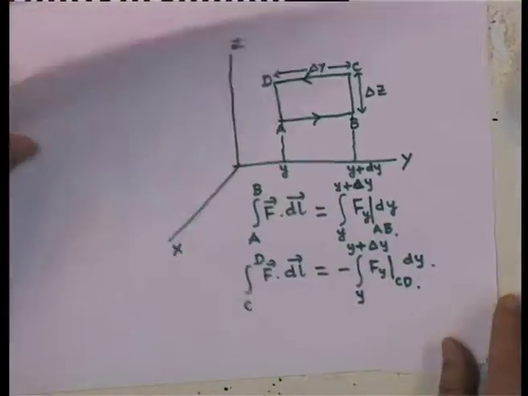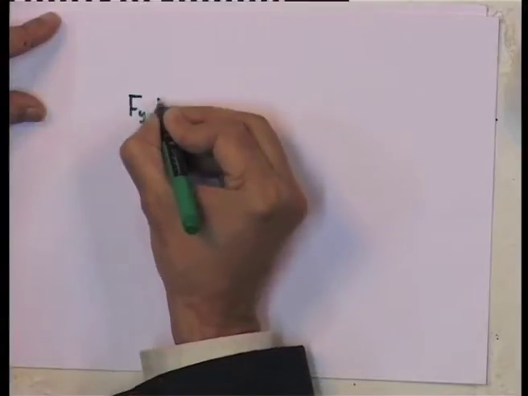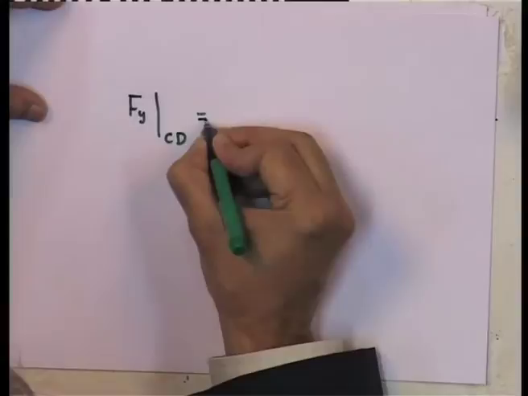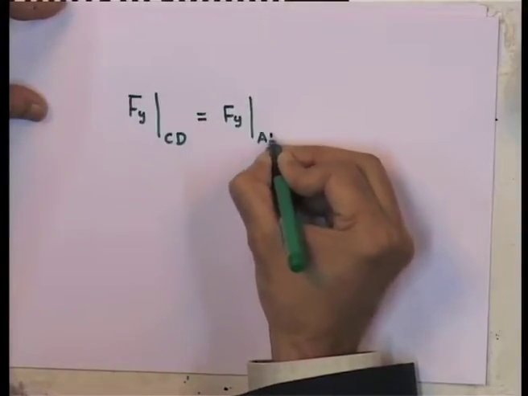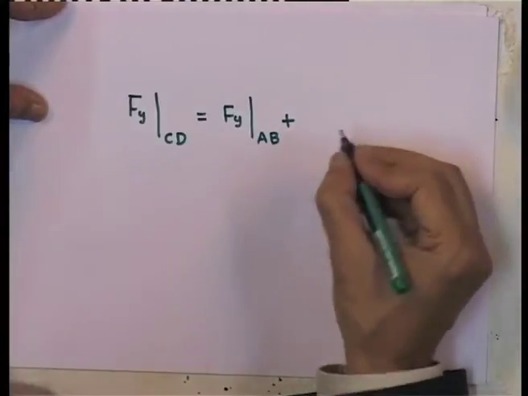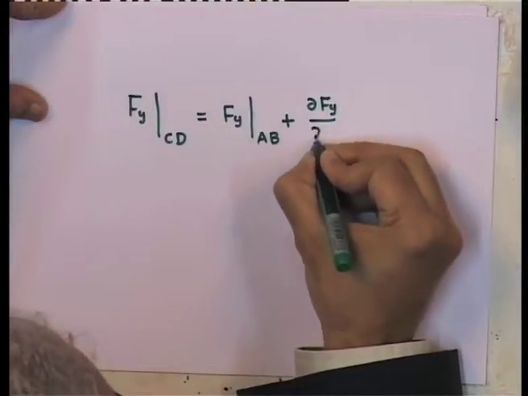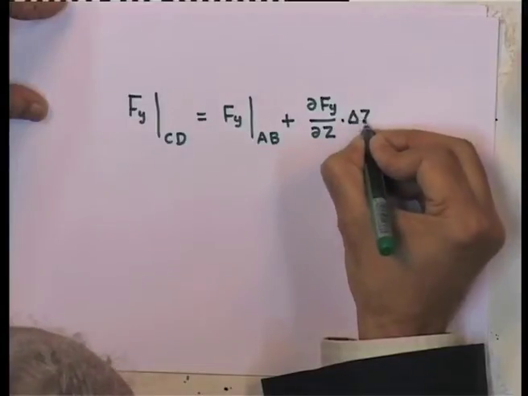So, therefore, what I can do is write down that f y along C D is the same as f y along A B plus the variation of f y with z when the z coordinate increases by delta z.